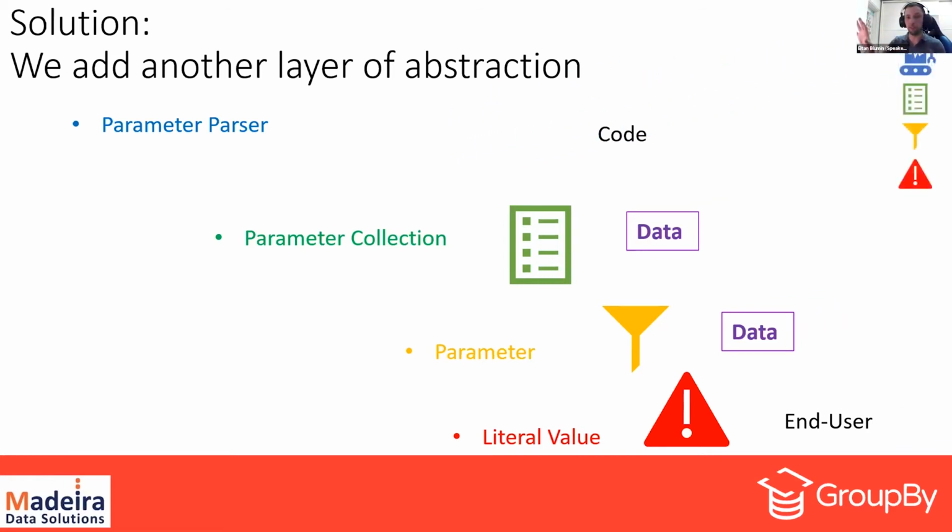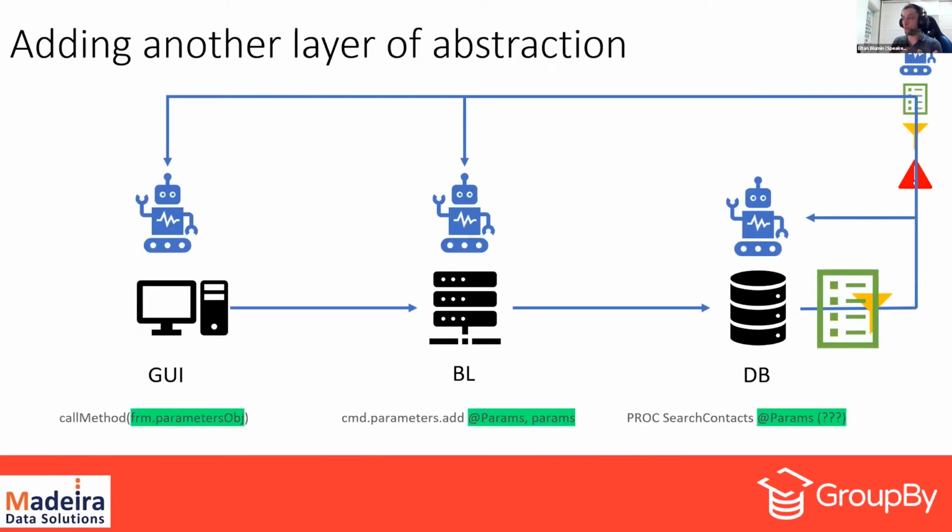So we'll place our little friend here at the corner and see how it works. So we have our 3 layers, right? As I said, our parameter collections and parameters would be data, so naturally they would sit in our database where the data is stored. That's the green list you see at the right, with the list of parameters. This list, in some form or another, needs to be passed over to the interface.